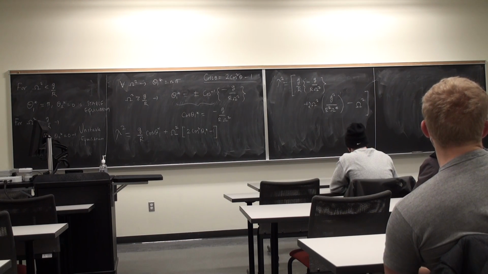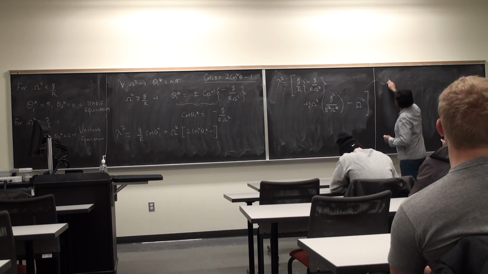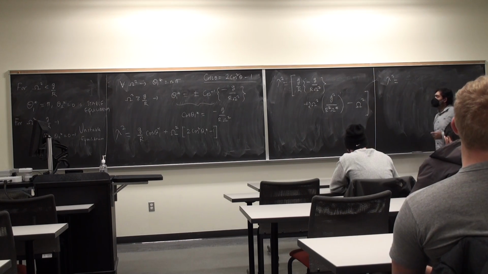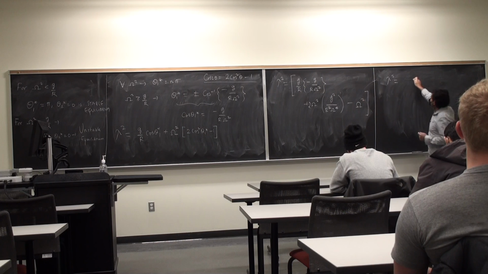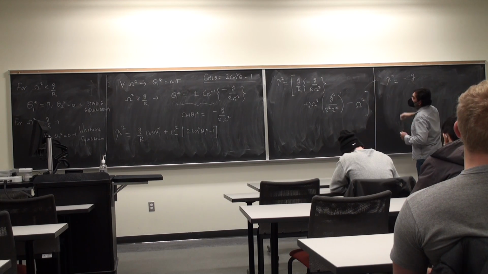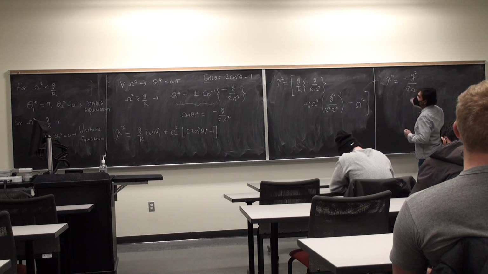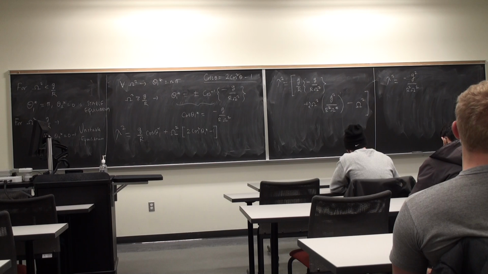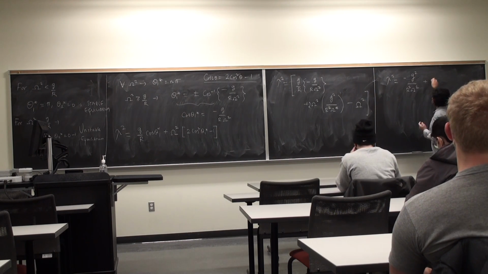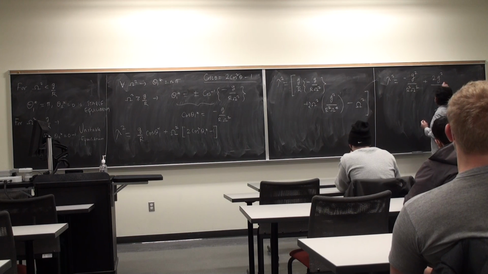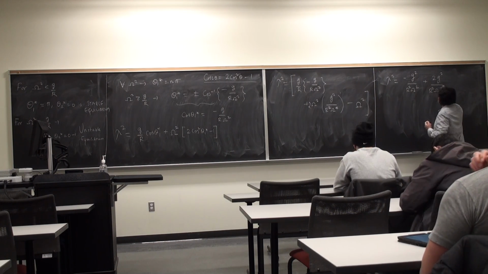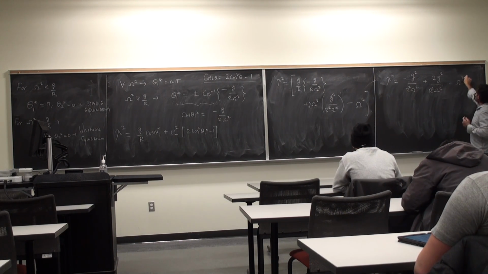Let's do some simplifications. So lambda square is, the first one becomes minus g square by r square omega square. Then I have 2 omega square, I have omega to the power 4 in the denominator, so this becomes plus 2 g square by r square omega square, minus omega square.